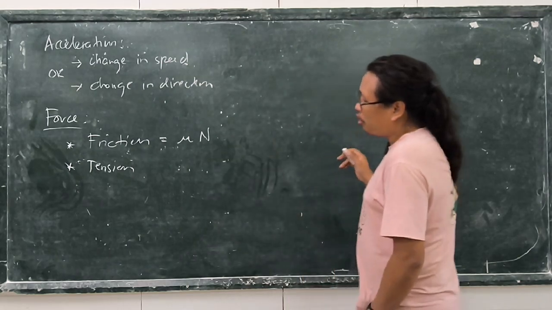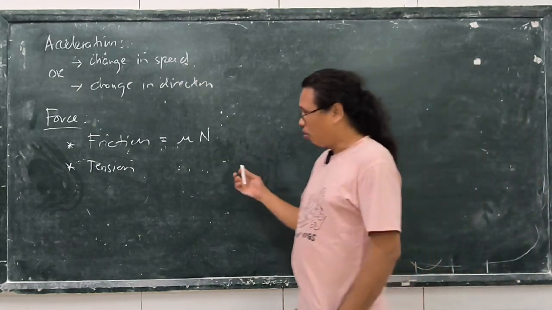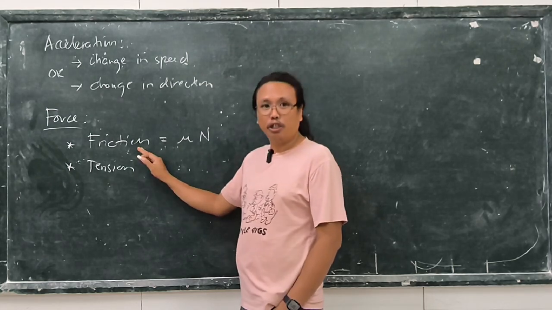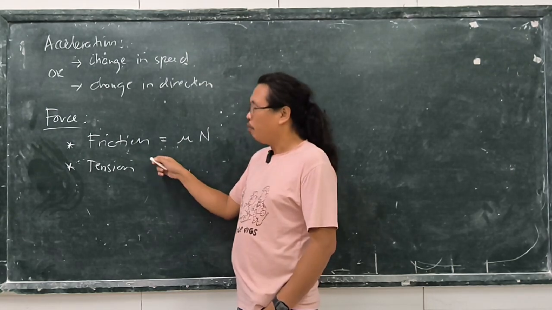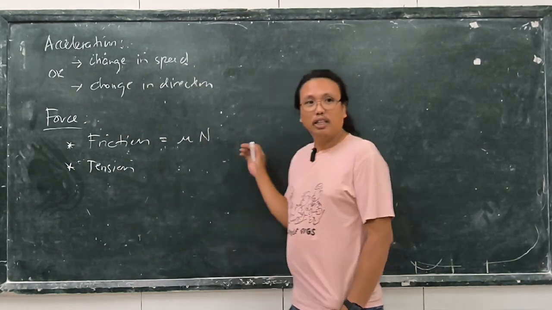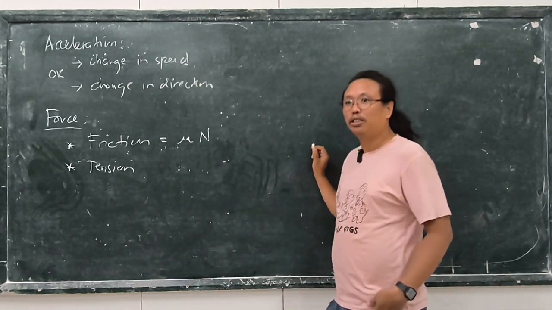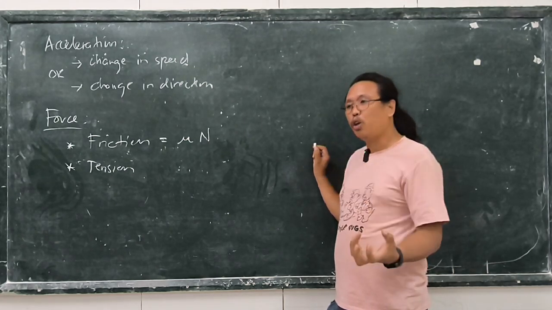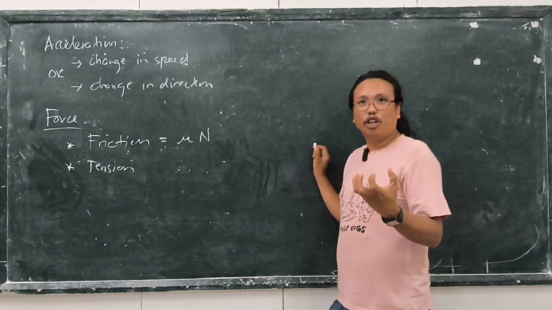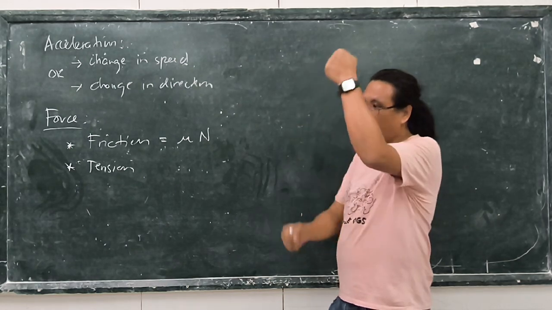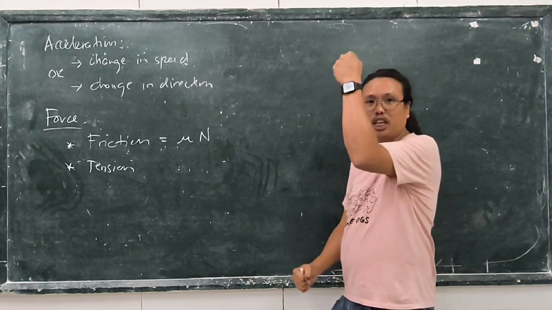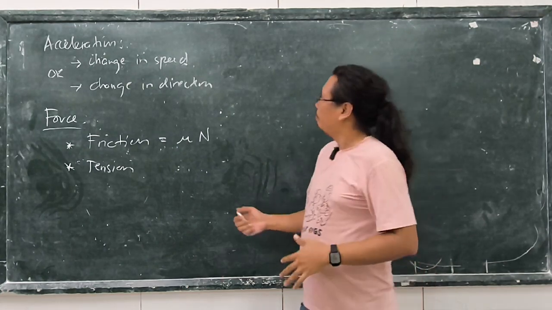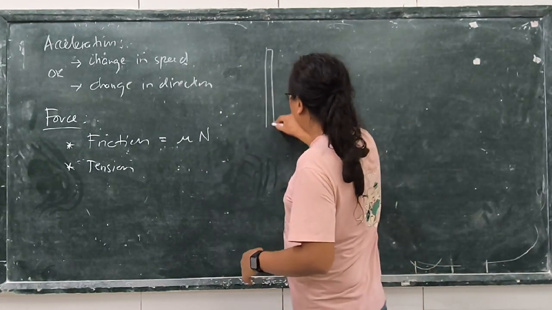Okay? Now, tension on the other hand, this is another contact force. It has no explicit form. It is like normal force, which has no formula. Tension is a reaction force of a force being applied to usually a string or whatever form, when it is stretched, or possibly compressed.